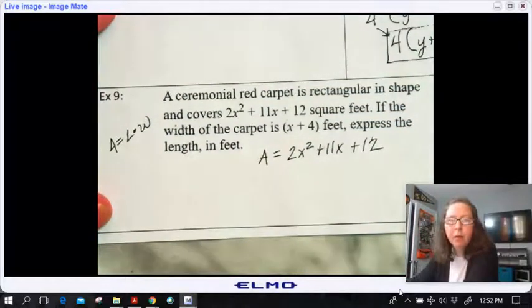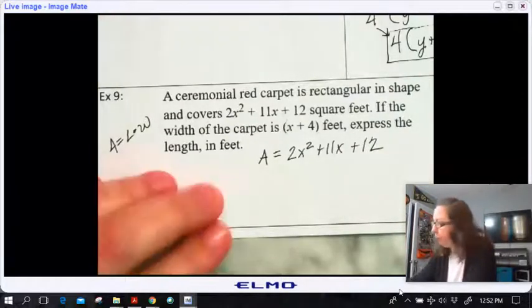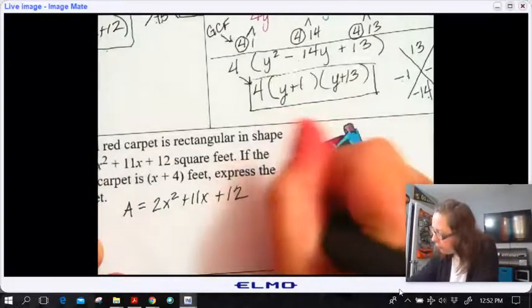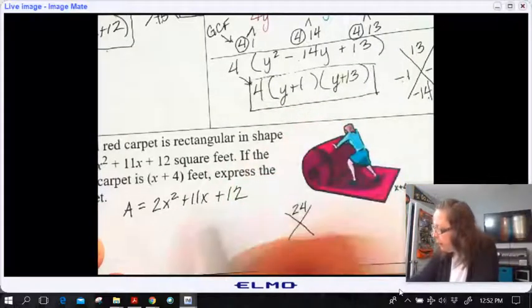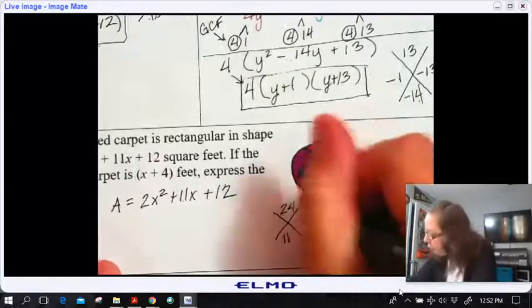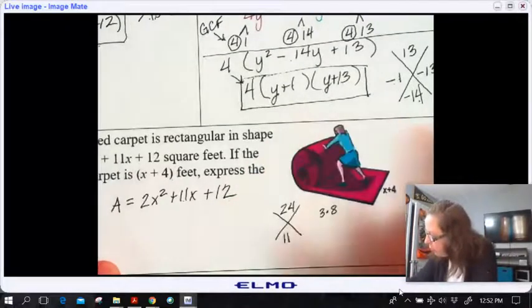Okay, so I just kind of jotted that over there. So length times width. So I could factor this all the way out by doing 2 times 12 is 24. Bring down the 11. Okay, I know that 3 times 8 is 24.